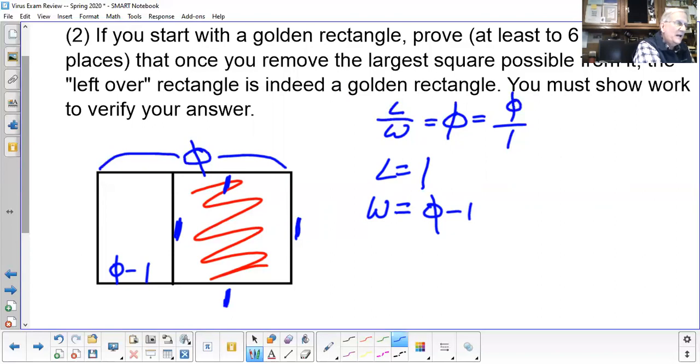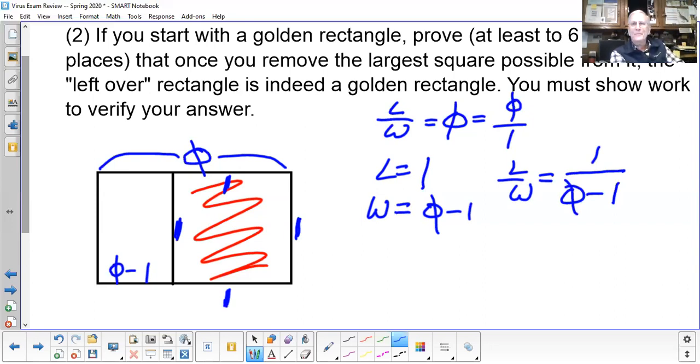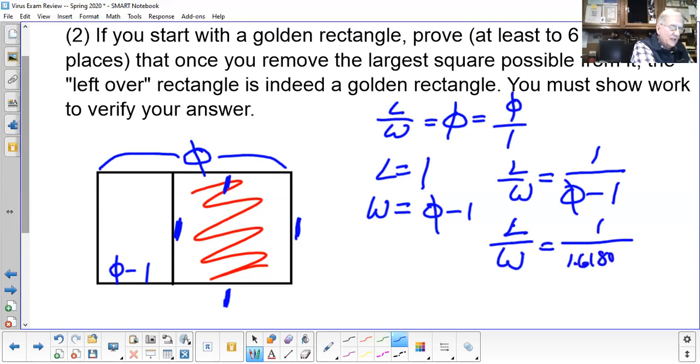It would be length over width, for the little rectangle, 1 over phi minus 1, wouldn't it? Well, let's see. What is phi minus 1? This should be length over width, 1 divided by 1.618034 minus 1, right?